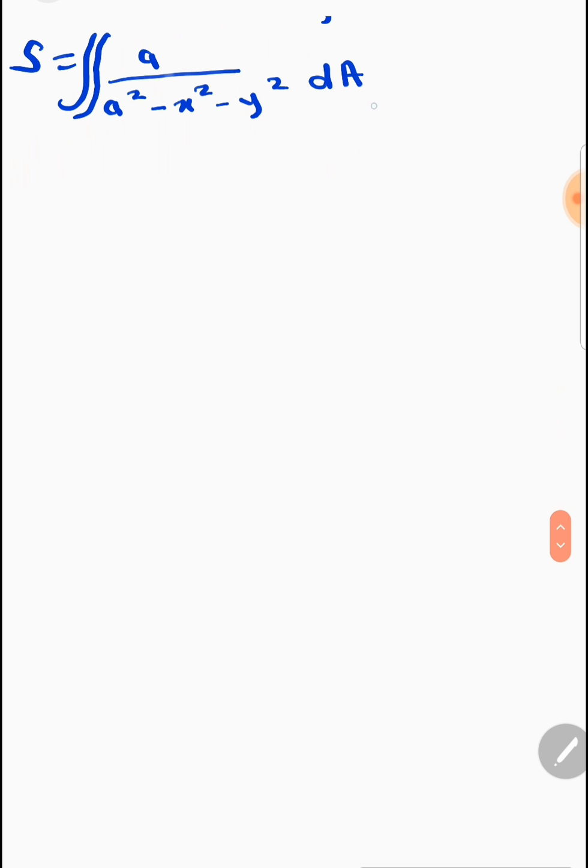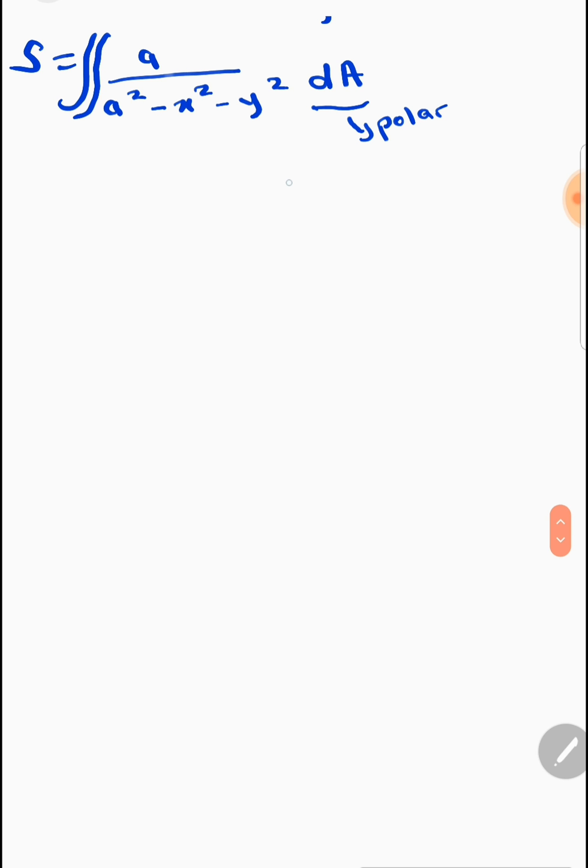For dA, remember, if we're talking about Cartesian coordinates, then it just depends on dx and dy. But remember the shape that we are given? We are given a surface area of a sphere of radius a, isn't it? What does this mean? This basically means that it needs polar transformation.